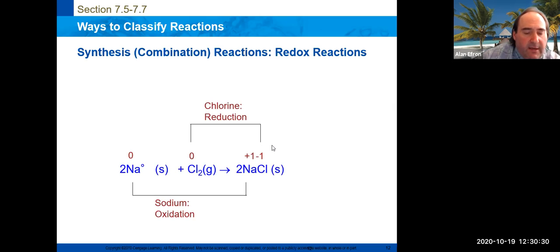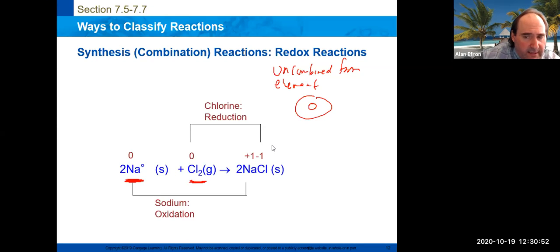Again, when you're trying to assign oxidation numbers, anything in its uncombined form, the way it naturally comes by itself, one element by itself, has an oxidation number of 0. So that's how we know that. So that's this guy right here. Sodium all by itself, just straight from the periodic table, has an oxidation number of 0. Chlorine all by itself, not combined with anything, has an oxidation state of 0.